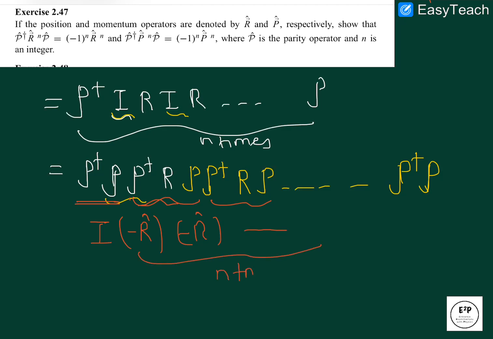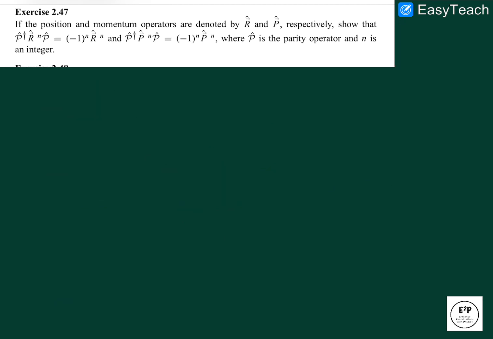So we have minus r n times into identity. If we take the minus out from each r, we get minus 1 to the power n into r n.